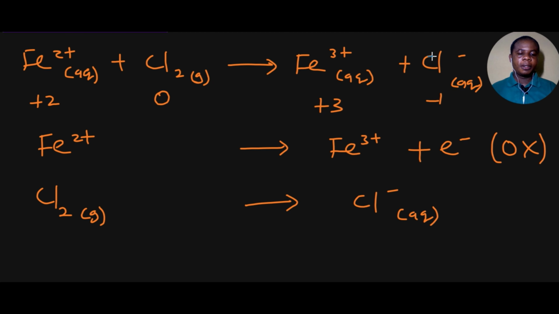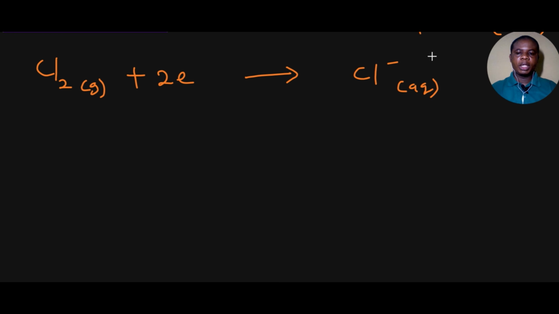From here, 2 electrons will be added to this, then 2 will also be added to this to make the equation balanced. Then after that, you can confirm to know if everything is working perfectly. We need to check the charges. What's the charge on this?